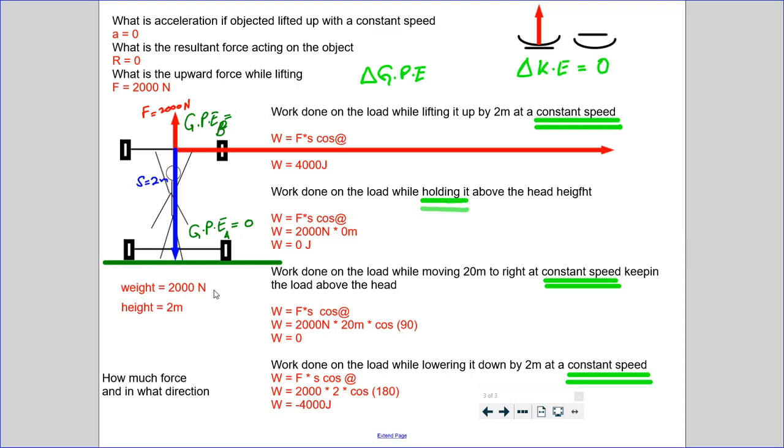Weight is actually mg and the displacement is height. So you have the value of mg already and you have the height as 2 meters. So what will be mgh at B? That's right, 4000 joule. So what's the change in GPE as we move from A to B?